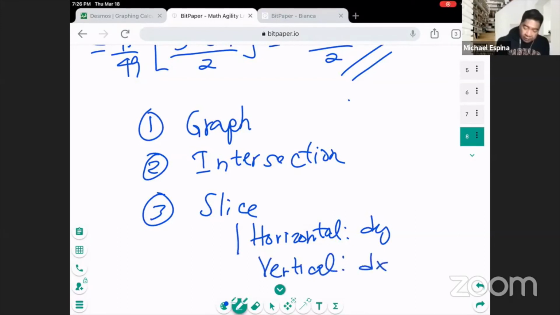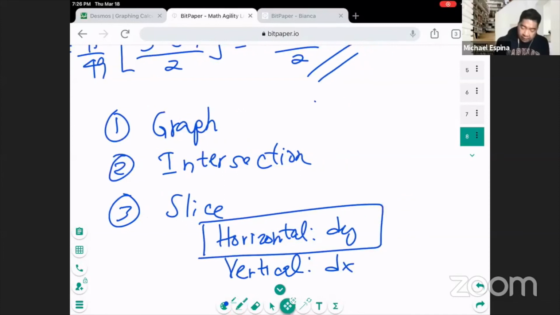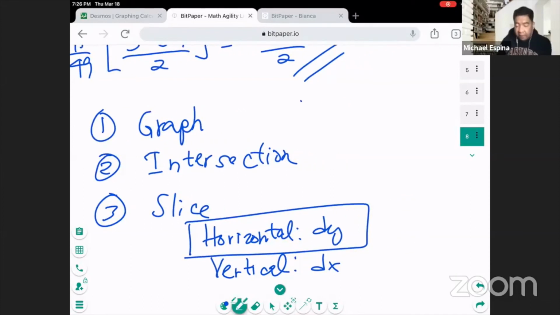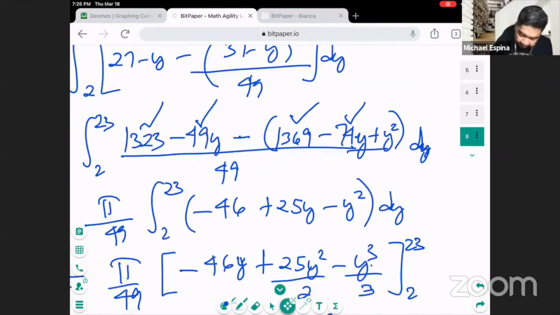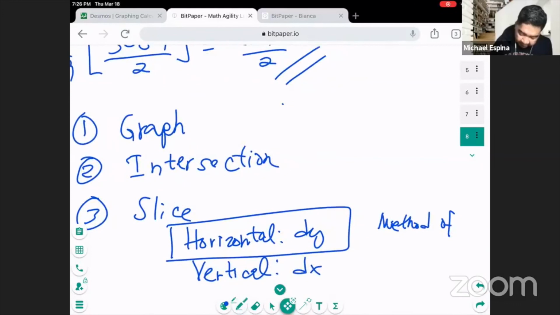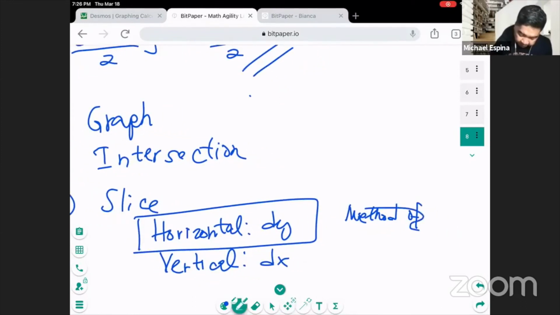We actually chose dy, since our axis of revolution is the y-axis, so we use the ring or washer method.